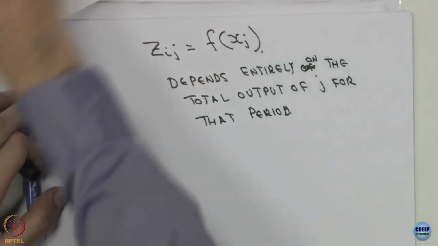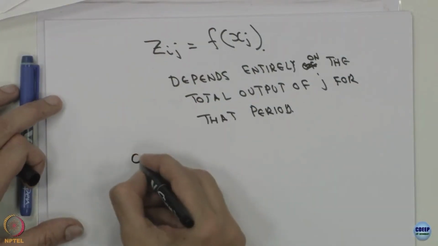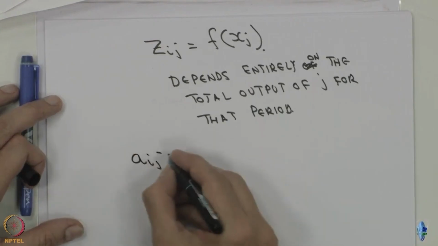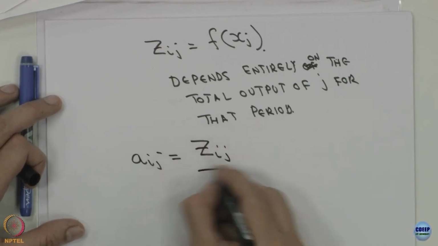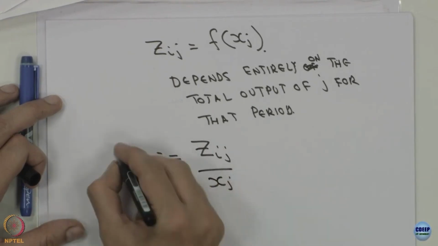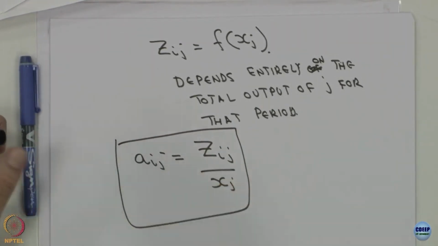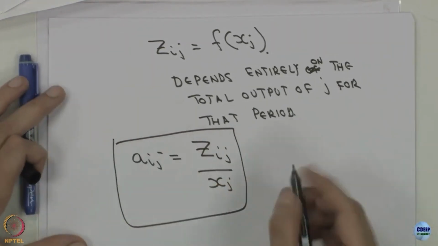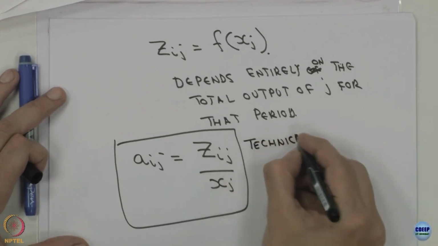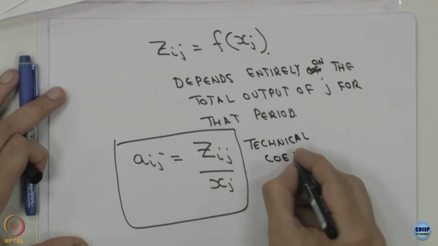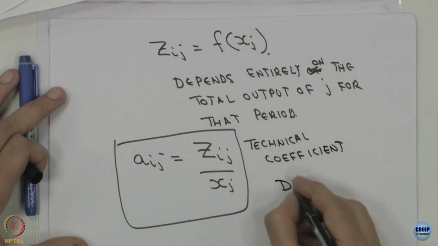Right? So which will mean that aij, this is the coefficient that we will define, is zij by xj. In the input-output method, this coefficient is assumed to be constant. This is a technical coefficient. This is also known as a direct coefficient.